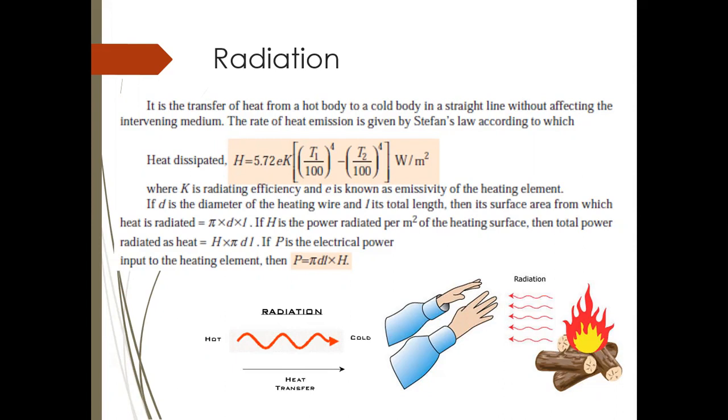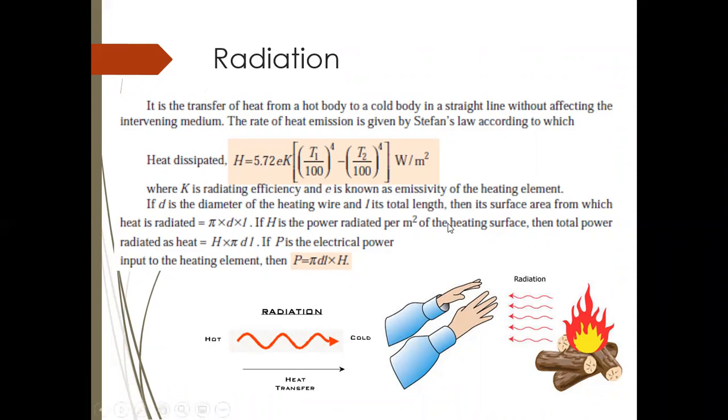The rate of heat emission is given by Stefan's law, according to which the dissipated heat H is equal to 5.72 E K [(T1 by 100) to the power 4 minus (T2 by 100) to the power 4] watt per meter square, where K is the radiating efficiency and E is known as the emissivity of the heating element, that is, how much heat is emitted from that element.